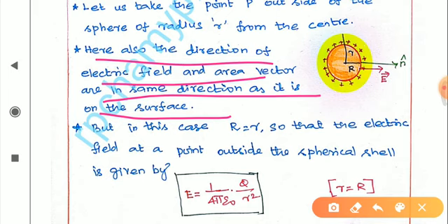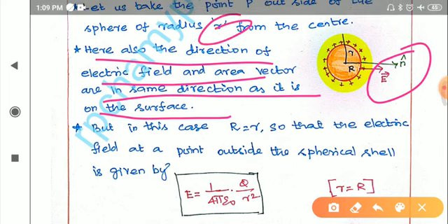Here also the direction of electric field and the normal line drawn to the point on the surface of the sphere outside the sphere are parallel to each other, so the angle is always equal to 0. Then cos 0 is equal to what? 1. But only one thing: the radius value, instead of capital R, we have chosen small r.